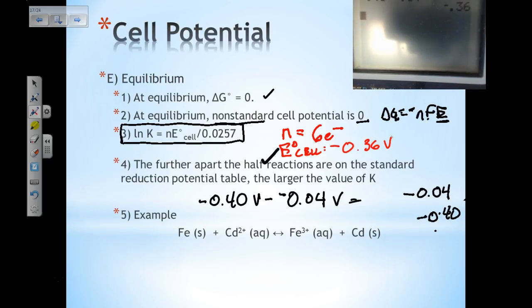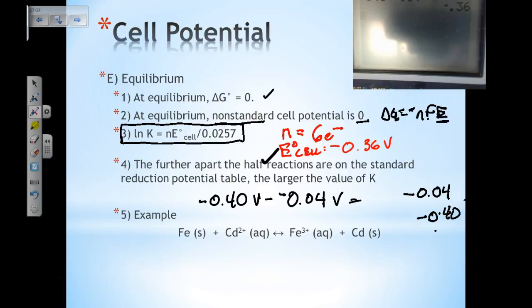That's going to be a non-spontaneous reaction. That means the reaction isn't going to be spontaneous in the forward direction. It's going to be spontaneous in the reverse direction. So that's kind of interesting.